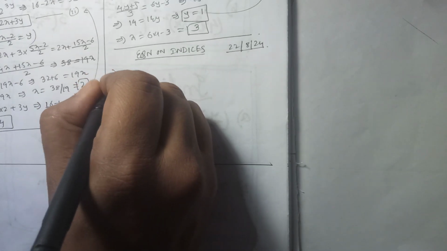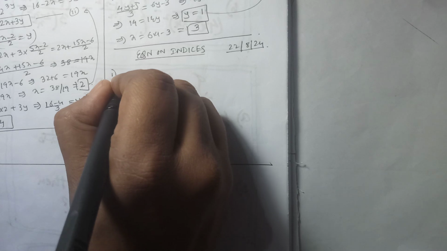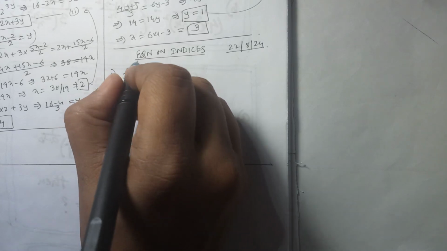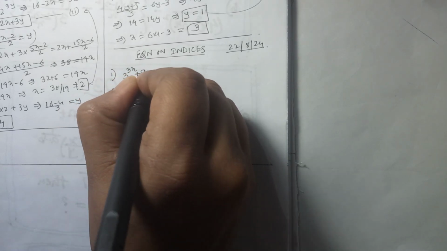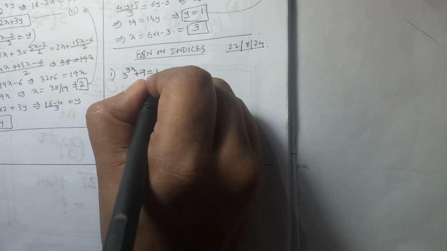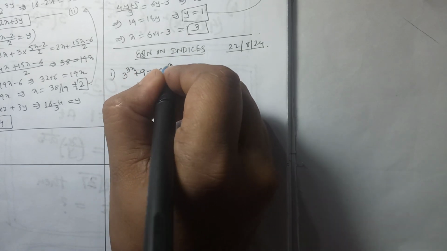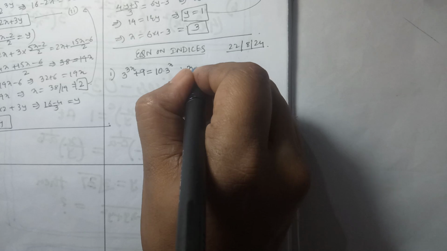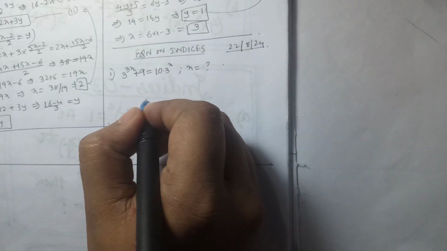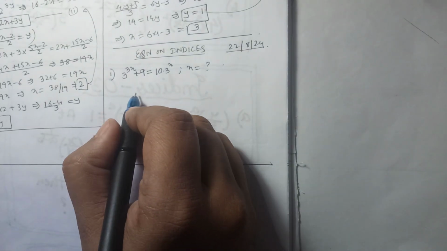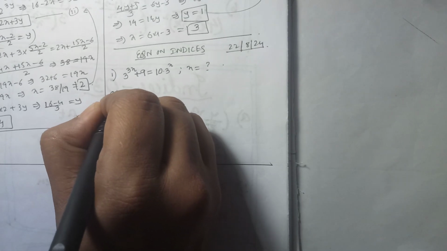1. 3 to the power 3x plus 9 is equal to 10 into 3 to the power x. So then x is how much? This is what they have asked you in the question. Simple.